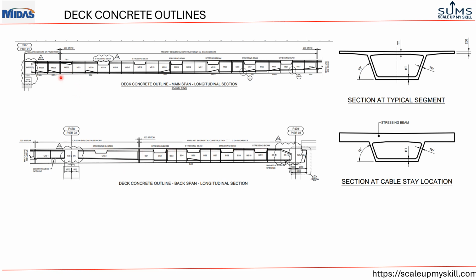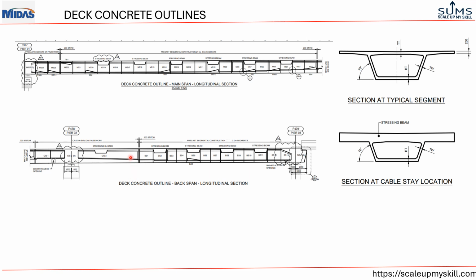This is the stitching beam portion of the deck, which is 300 mm wide, and 3 segments of the deck are erected on false work, and the remaining 21 segments of the main span are erected using the balanced cantilever method.